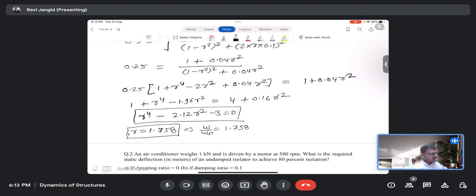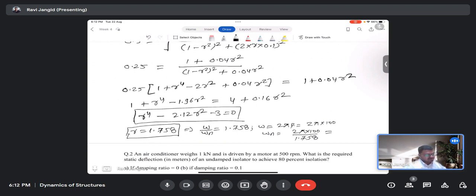And what is your omega? Omega is given to you as 2 pi f, which is 2 pi into 100. So if you solve, your omega n will become 2 pi into 100 divided by 1.758.